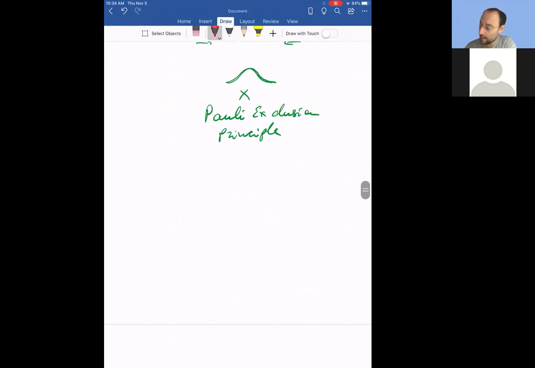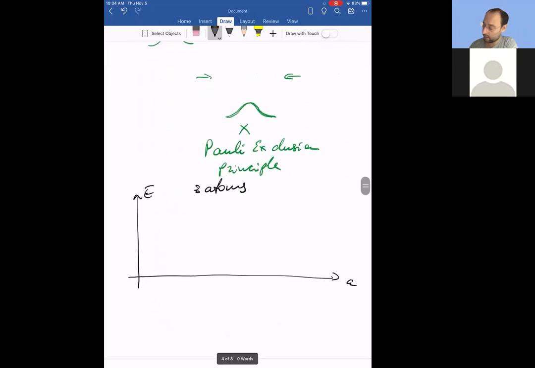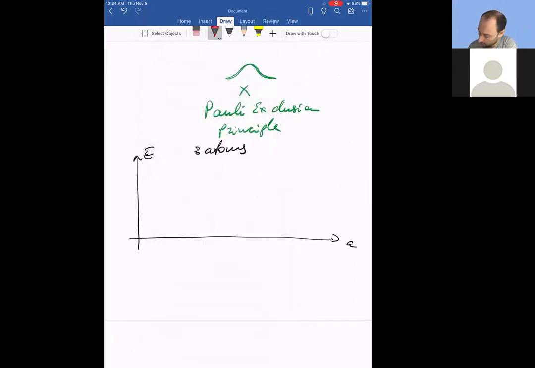Now I will ask you, what happens if I bring three atoms? So this is two atoms. And now I bring three atoms together. It would not take too much imagination to realize that they split into three levels. So there will be three wave functions.